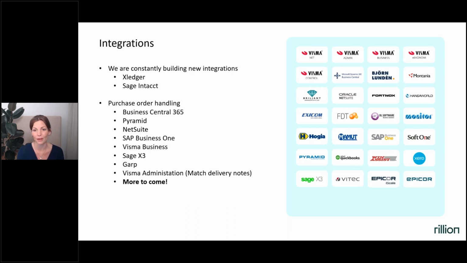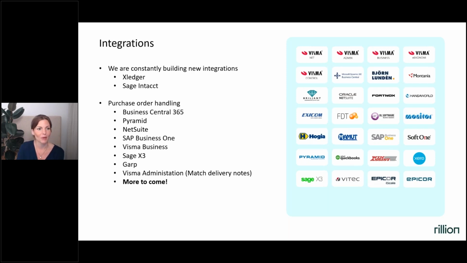Maybe you didn't work with purchase orders when you started with Rillion, but you do now. So just to let you know, we have more advanced functionality in the system. So this is something you can add. So please reach out to us, to me, or the sales team, or the support, and we will guide you in the right direction so you can get more information about that.